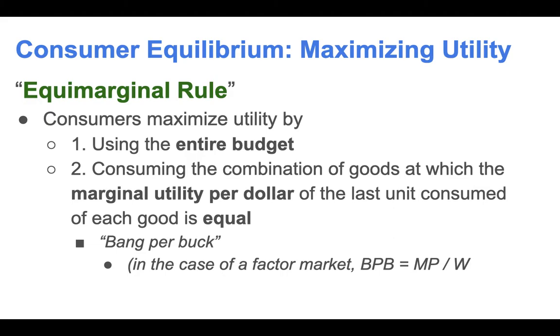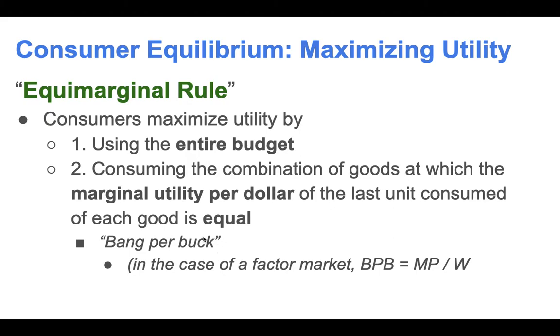If we want to know what the optimal combination is, we're going to use this equimarginal rule. The two rules of the equimarginal rule or consumer equilibrium were we have to max out our budget. That's not going to be too much of an issue here, as you'll see. The bigger thing was consuming the combination at which marginal utility per dollar of the last unit consumed of each good was equal.